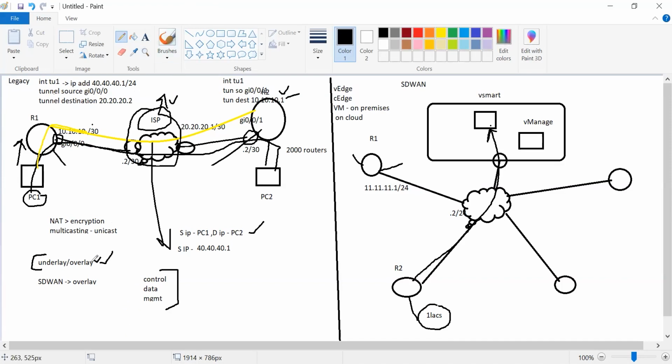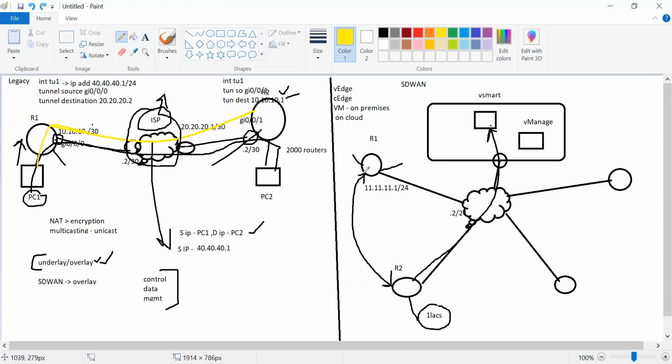So underlay and overlay in SD-WAN, this is underlay. Even in SD-WAN, we can configure a tunnel between two devices. This yellow one which we created here, we can configure between SD-WAN devices as well.